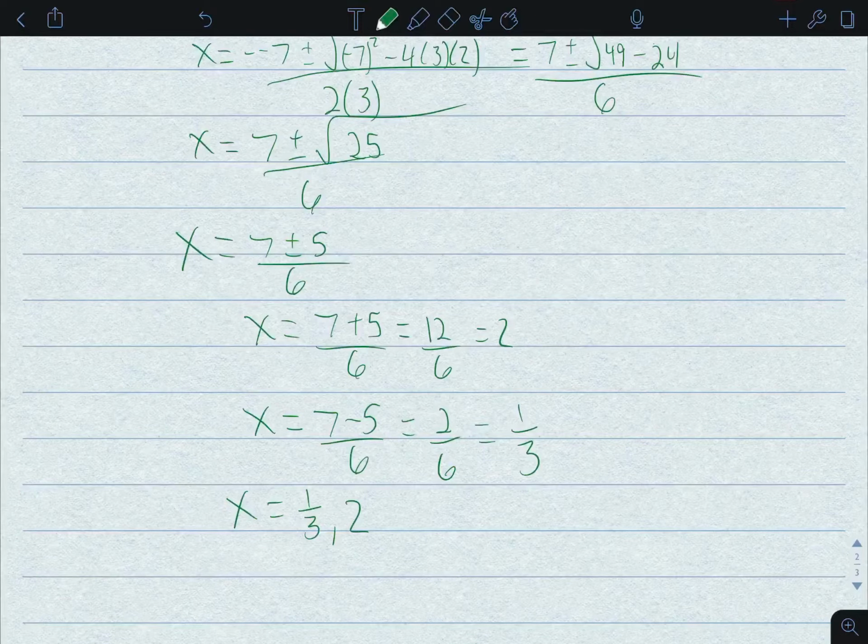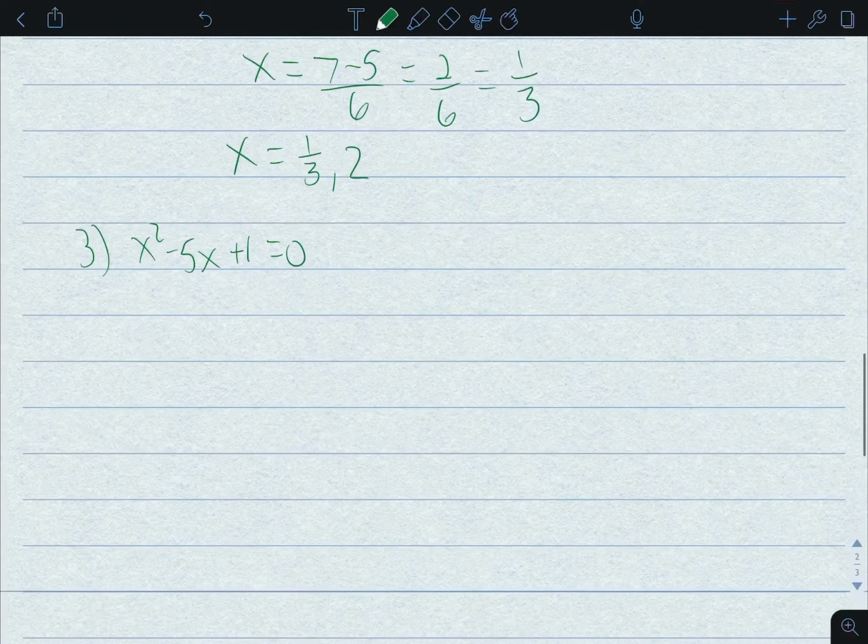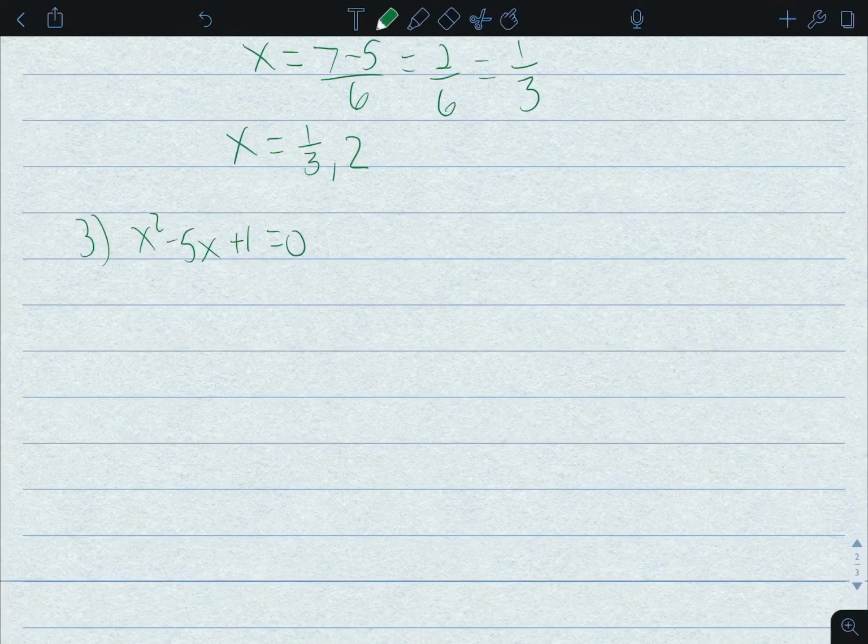Next question. Number 3. X squared minus 5x plus 1 equals 0. It's in standard form. A is 1, B is negative 5, C is 1.